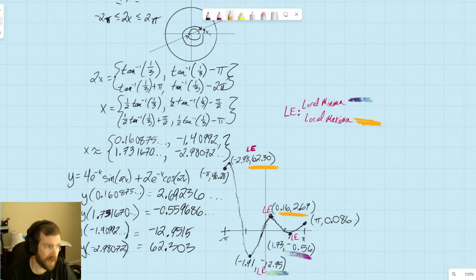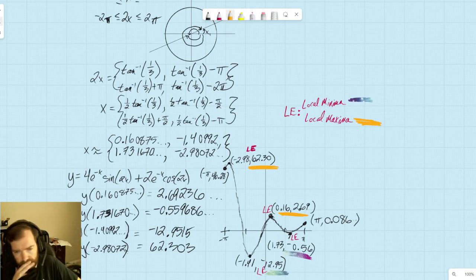Now, the endpoints become a little bit different. Normally, when you're looking for an endpoint, if you're looking for a local extremum, typically what happens is you've got one of two things.